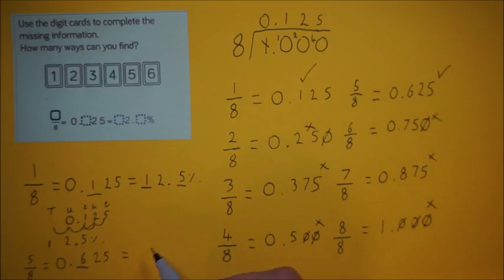I'm just going to move this one mentally, so I'm just going to move it across, and it's going to become 62.5%. Those are your possible answers. Well done if you got those.